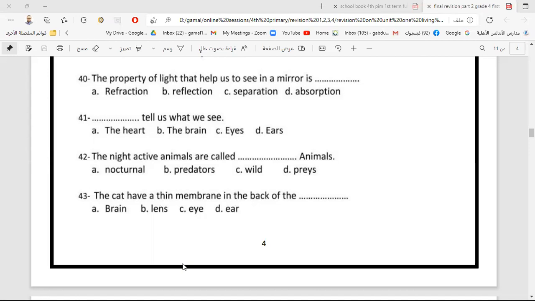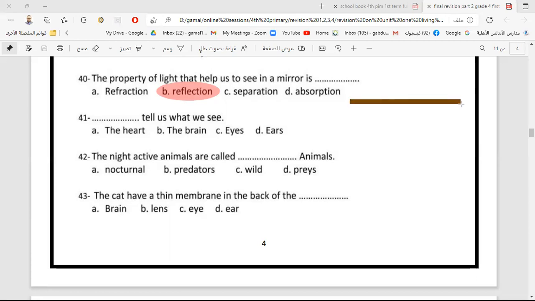The property of light that helps us to see in a mirror is refraction, reflection, separation, or absorption? I will say reflection. Do you know the meaning of reflection? Yes, it's the bouncing of light, returning back of light. Very good, my son.